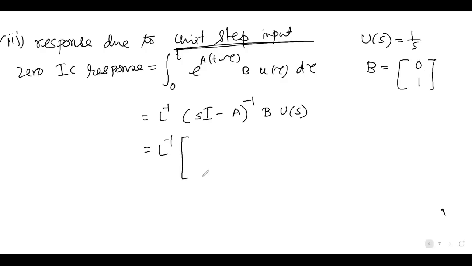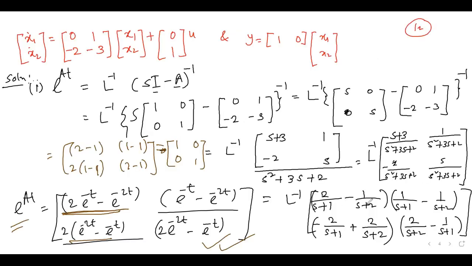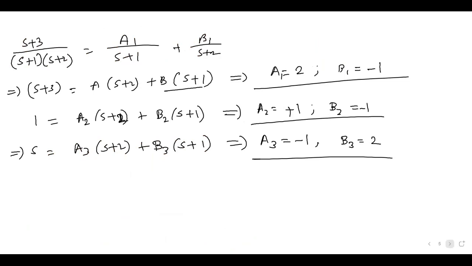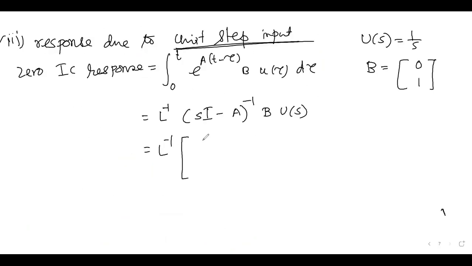Don't recalculate it, just put this value here. We have already calculated this one. This is 2 by s plus 1 minus 1 by s plus 2, then 1 by s plus 1 minus 1 by s plus 2.